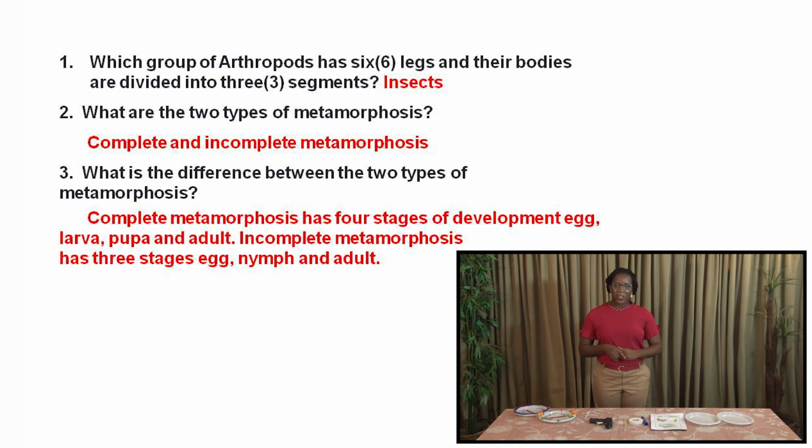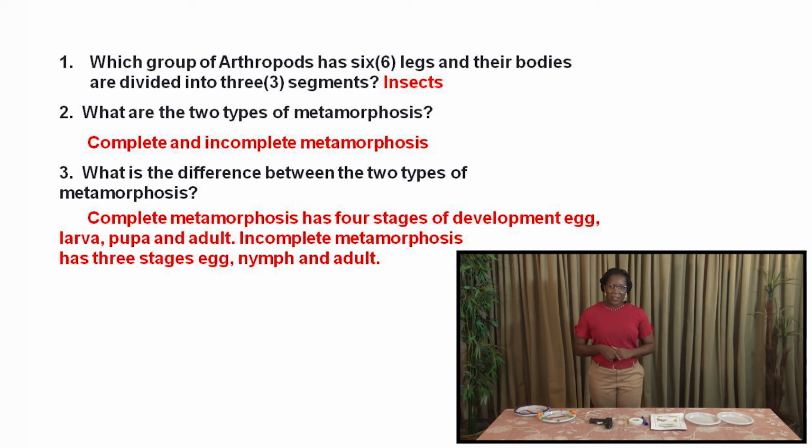Let us see if your answers are correct. Which group of arthropods has 6 legs and their bodies are divided into 3 segments? Very good. Insects. What are the 2 types of metamorphosis? Excellent. Complete and incomplete metamorphosis.